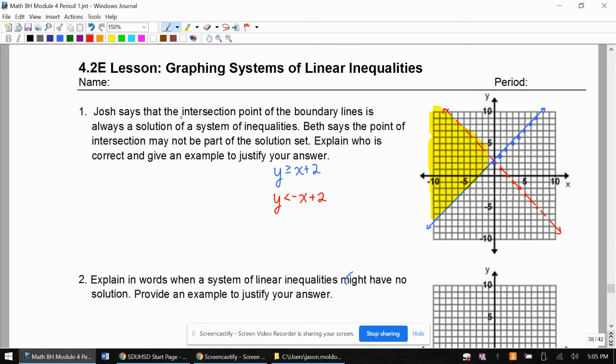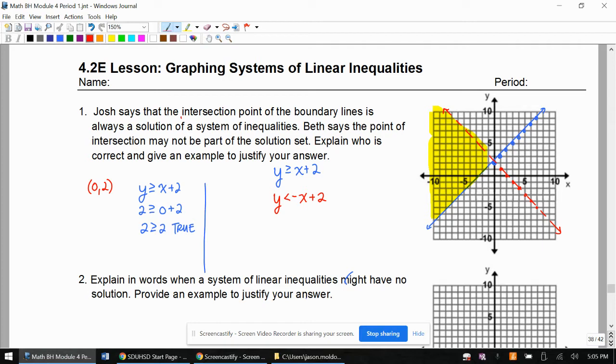All right, so the point of intersection for this was at 0, 2. And so we're going to see, is it part of the solution set? So if we take the linear inequality, y is greater than or equal to x plus 2, and plug in this point, it does check out.